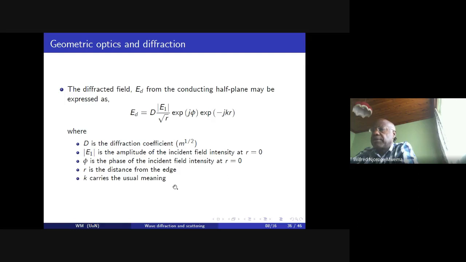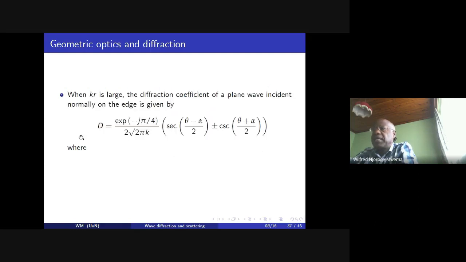So K, of course, carries the usual meaning, and therefore when KR is large, the diffraction coefficient of the plane wave incident normally on the edges is given by that equation there, where we have the secant of theta minus alpha, and we shall define what these alphas and thetas are in a diagram.